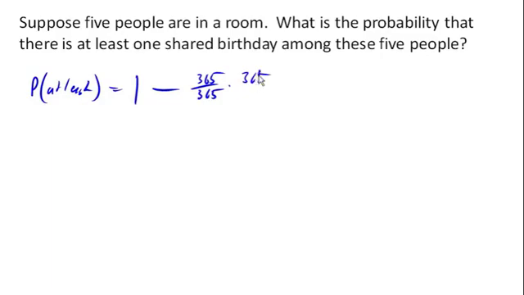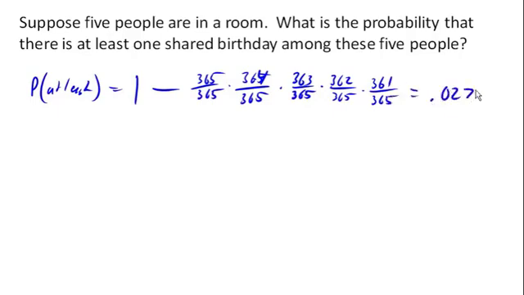They aren't, of course, actually picking, but you know what I mean. There's 365 different ways that this person could have a birthday. And we do this for each of our people in the room, and that would give us our answer. It turns out to be about 2.7%.